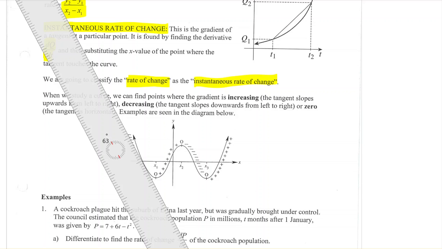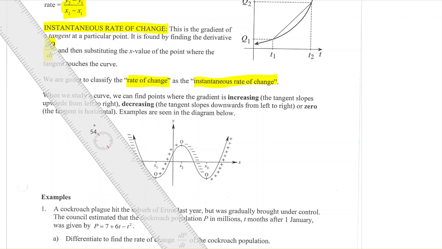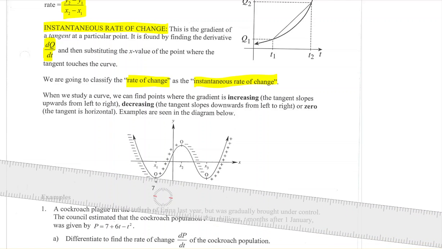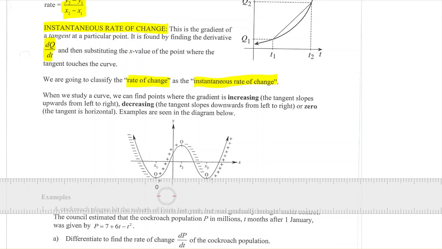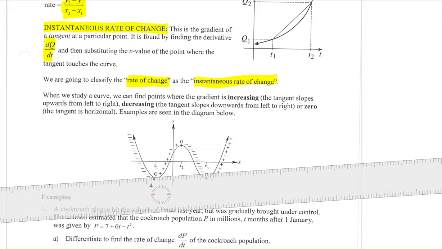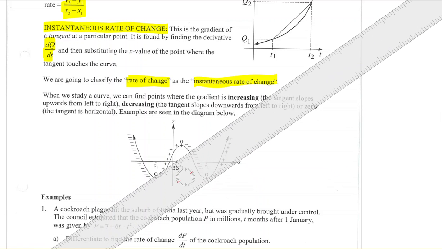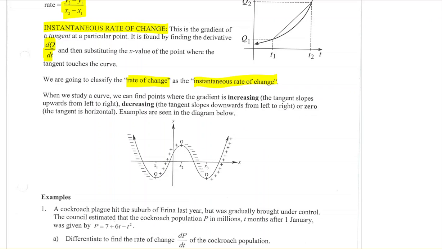They are all negative gradients. And as I bring my ruler down, bring it around the bottom of that curve, once I hit the turning point, I now have a flat ruler or a horizontal gradient, which means a gradient of 0. Okay, then as I keep following my curve, it now is spinning around the other way and I have positive gradients. Do you get the idea? Positive gradients to the next turning point.